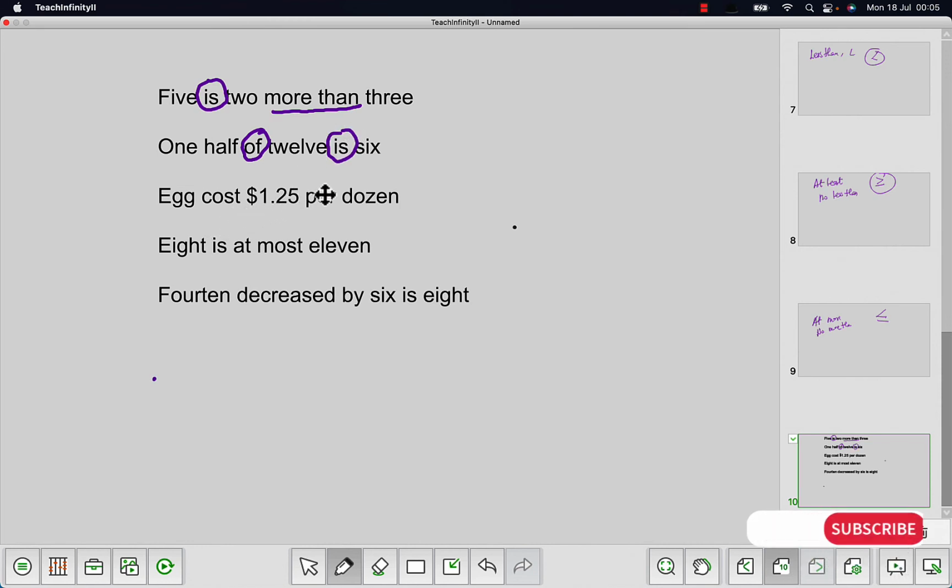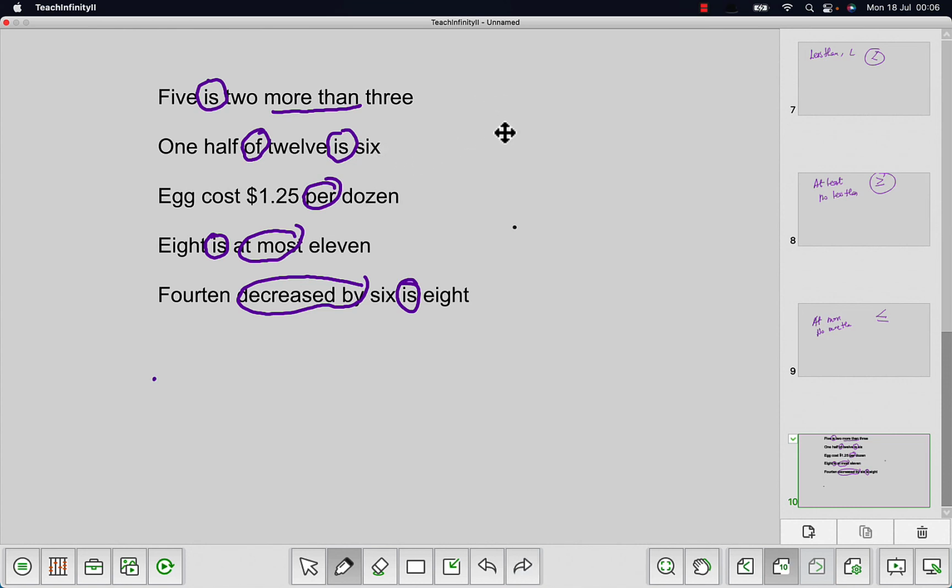I can see "per" here, I can see at most, I can see "is", I can see decrease by, and I can see "is". Now let's see how we can translate that into equations. These are the key terms in this problem that we talked about.